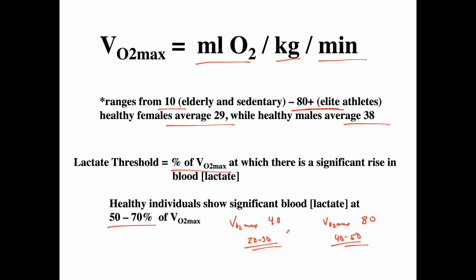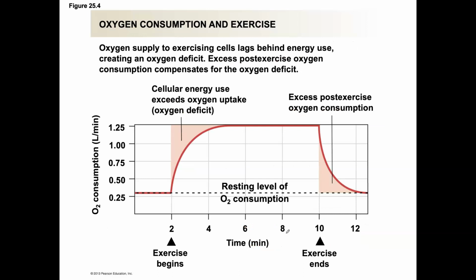The last thing to consider about musculature and ATP and utilization of oxygen is to look at what happens to oxygen consumption before, during, and after exercise. So during exercise, cellular energy use is actually going to exceed oxygen intake, and it's going to create an oxygen deficit.